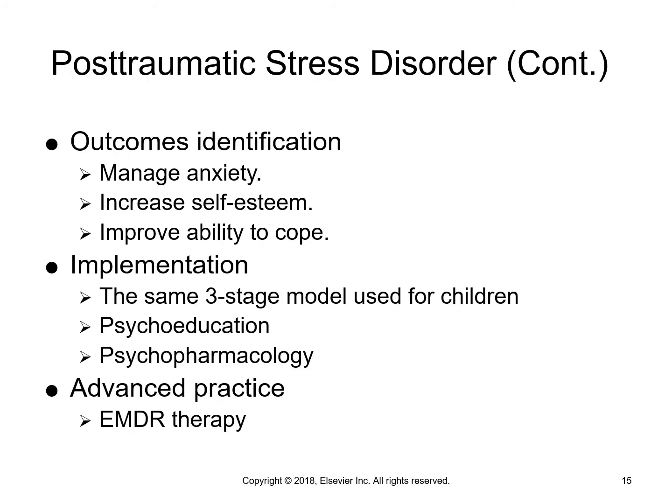Looking at outcomes for post-traumatic stress disorder, first is to manage anxiety, next is to increase self-esteem, and then improve the ability to cope. In the implementation phase, as we used in children, we utilize the same model of trauma-informed care using the 3-stage model.